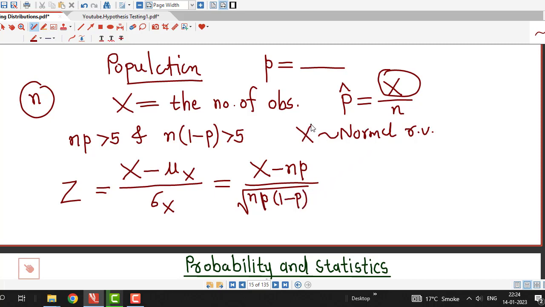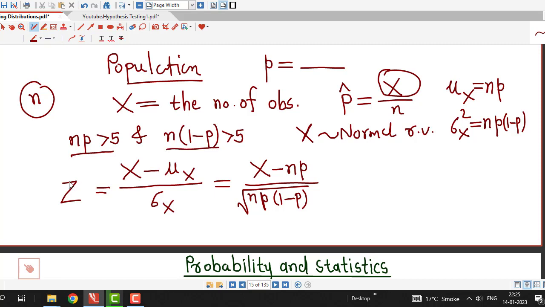We are familiar with these two formulas, the mean and standard deviation of a binomial random variable. Mean is equal to number of trials into probability of success. Variance is n into probability of success into 1 minus probability of success. So this we have discussed in an earlier lecture.